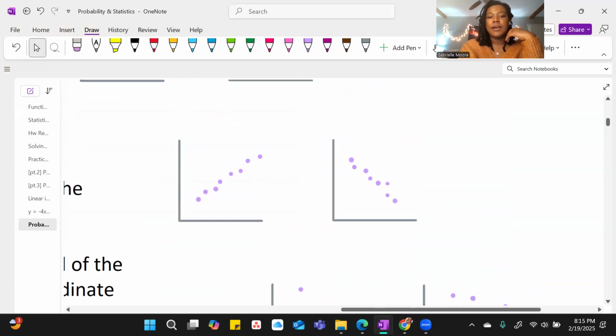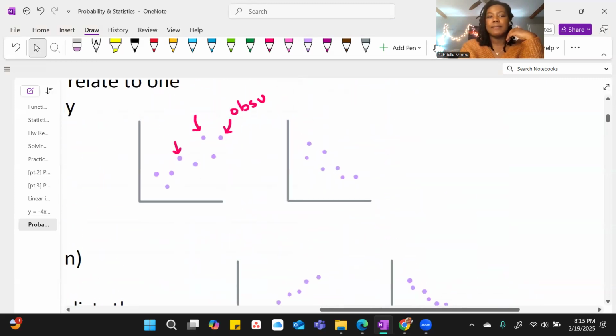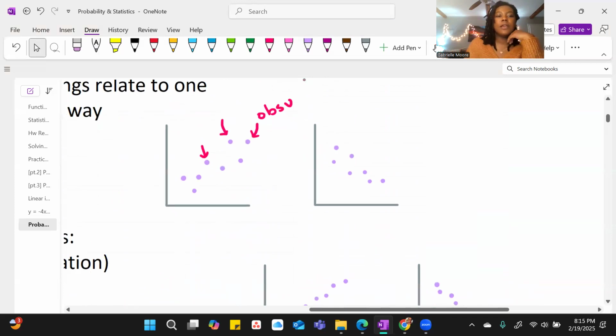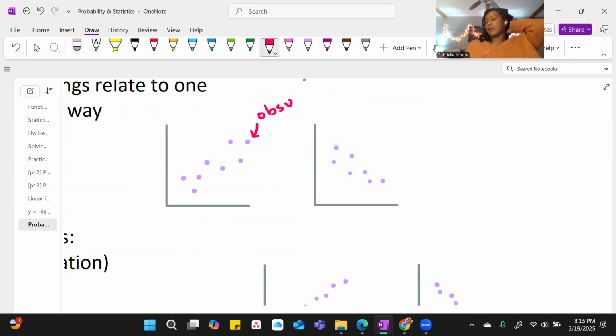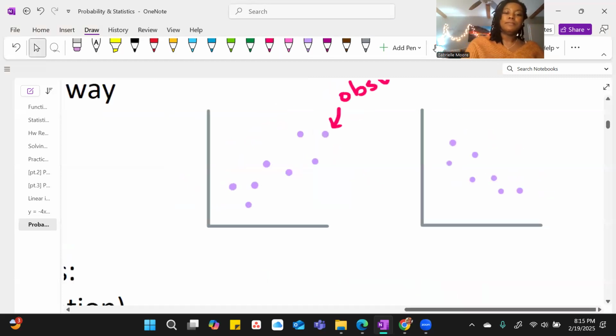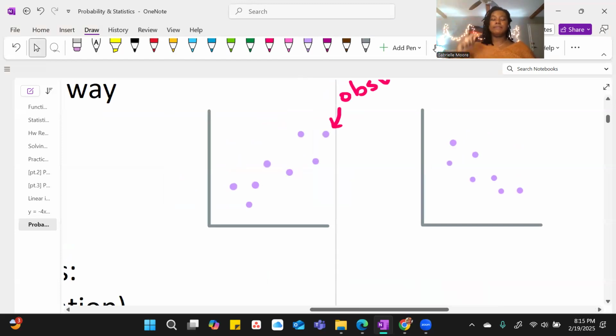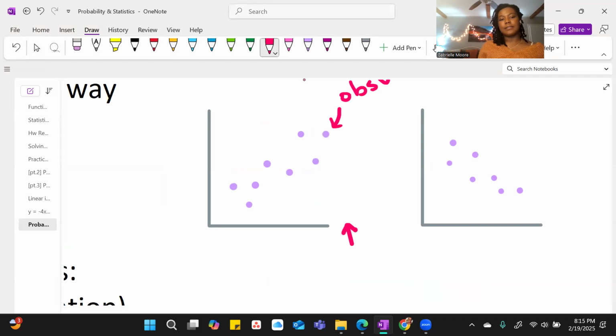Just think about how you would describe them. Let's take a look at these two right here, and start with the direction. For this one, it's going up to the right, so we can say that as X increases, Y increases.